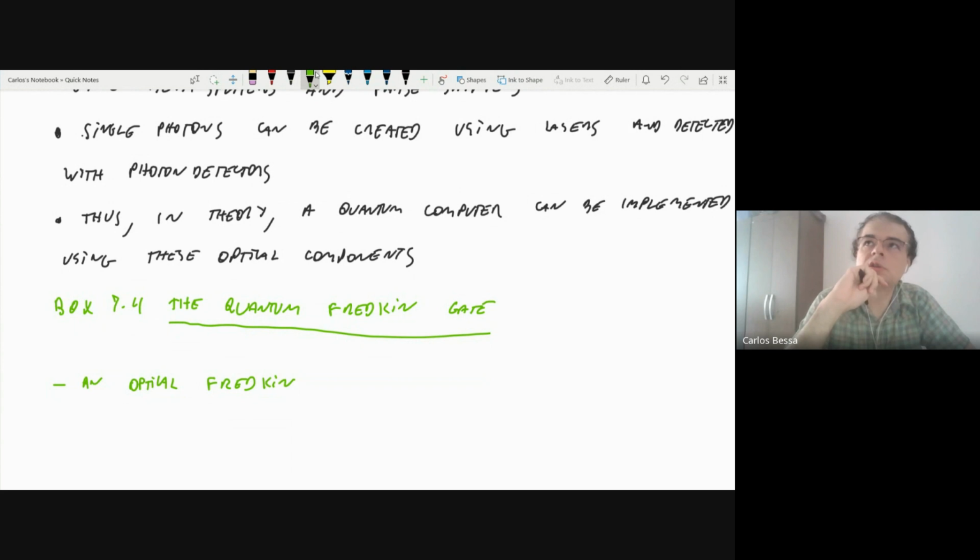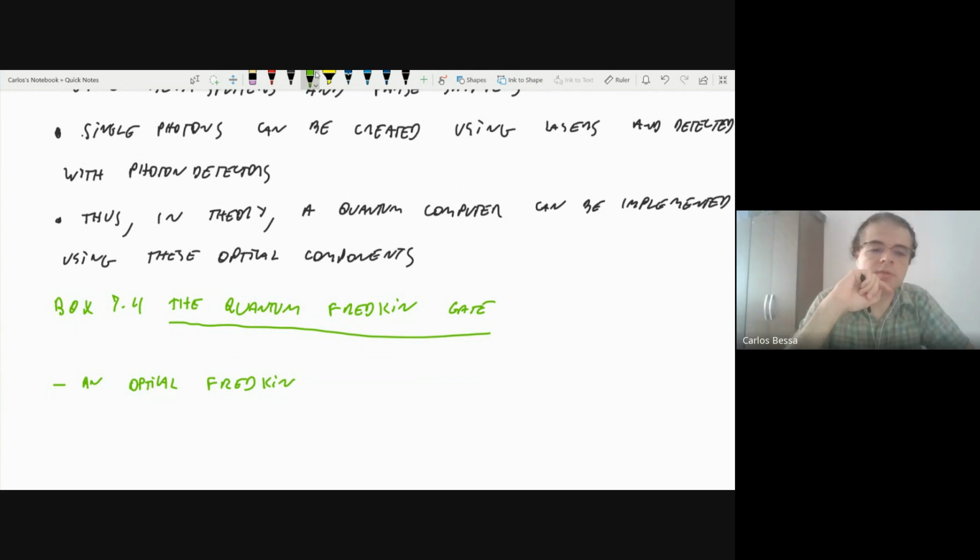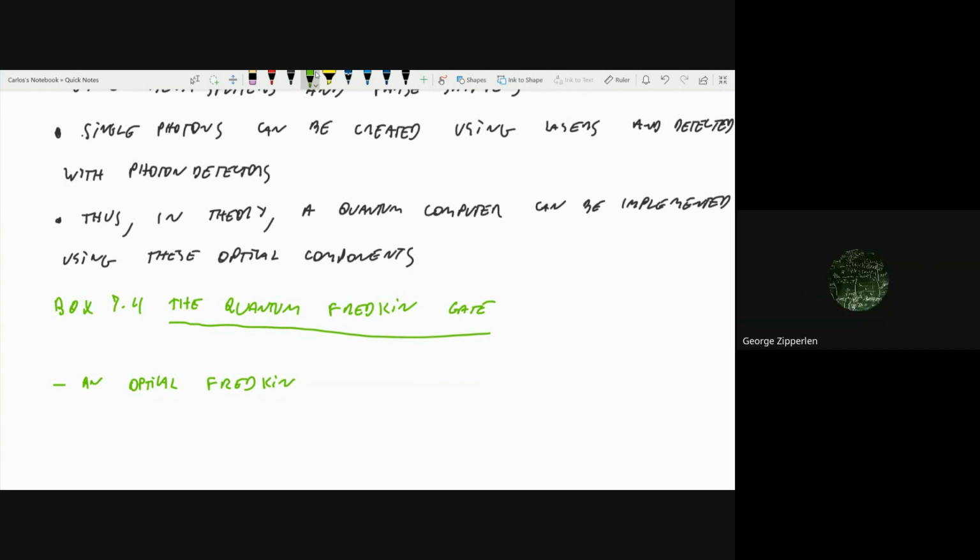And I think the combination of them, when you have the X, Y, and Z gates plus the Hadamard, then you have a universal set.